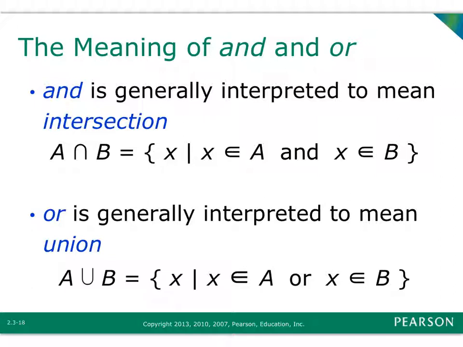So A intersection B is equal to the set of X such that X belongs to set A and X belongs to set B. "Or" is generally interpreted to mean union, where A union B is equal to the set of X such that X belongs to A or X belongs to B. Notice in the "or" case, it could be in A, or it could be in B, or it could be in both. Whereas in the intersection, the elements have to be both in A and in B.